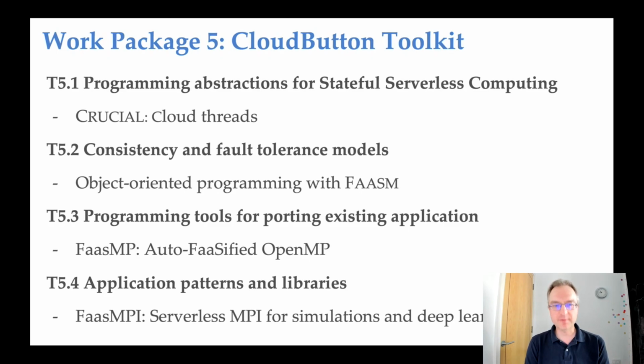Then task 5.3 looks at programming tools for porting existing applications, and here I'll talk about the OpenMP support that we've developed. And then finally, 5.4 looks at more general application patterns and libraries for real-world applications, and here I'll talk about our work on supporting MPI.